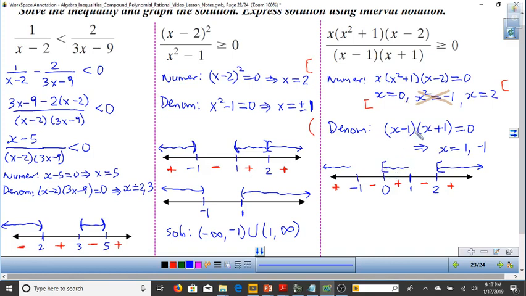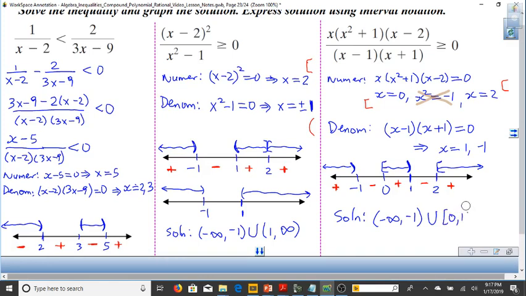And we have a parenthesis with 1 and -1. So then my solution is parentheses -infinity to -1, parentheses, union, bracket 0 to 1, with a parenthesis at 1 and a bracket at 0, union, bracket 2 to infinity.